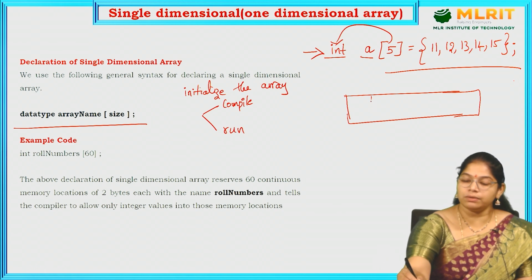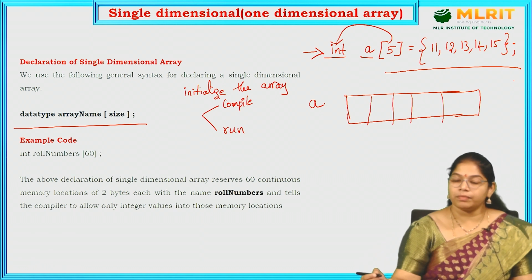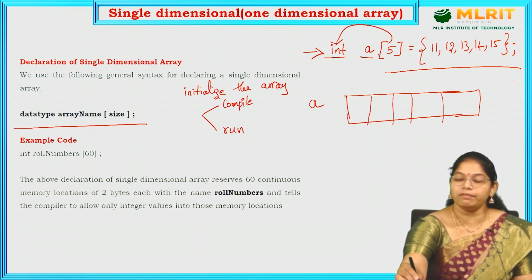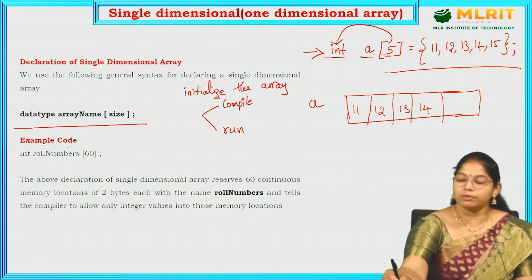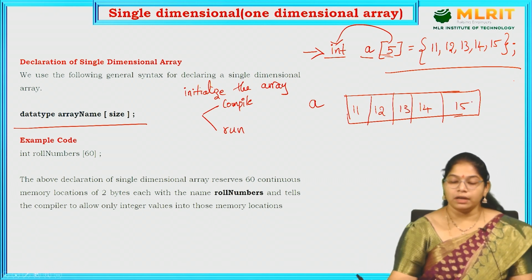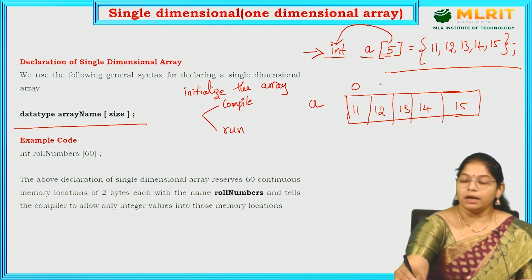So here those are 5. The array name is A, which can store 5 elements: 11, 12, 13, 14 and 15. The array index always starts with 0 and ends with n minus 1, so it is 4.